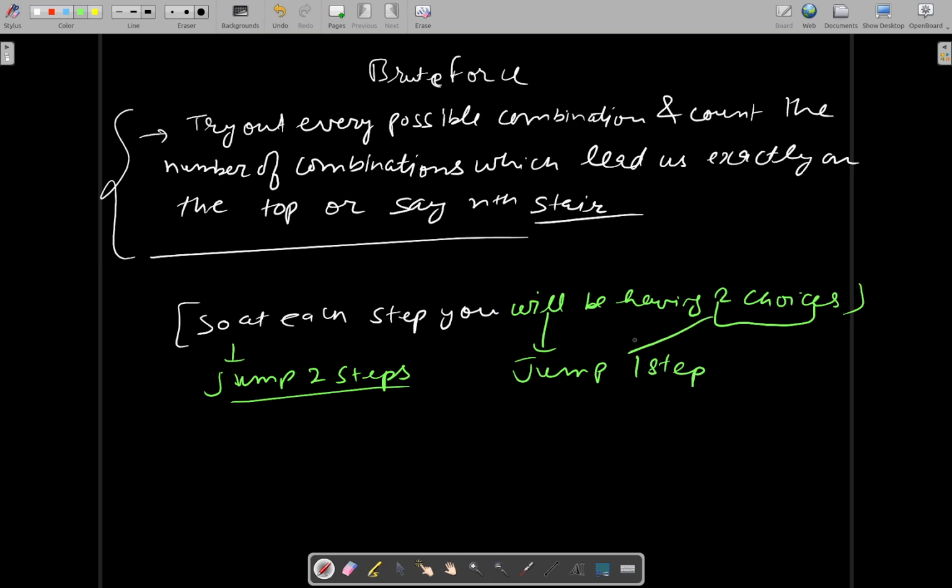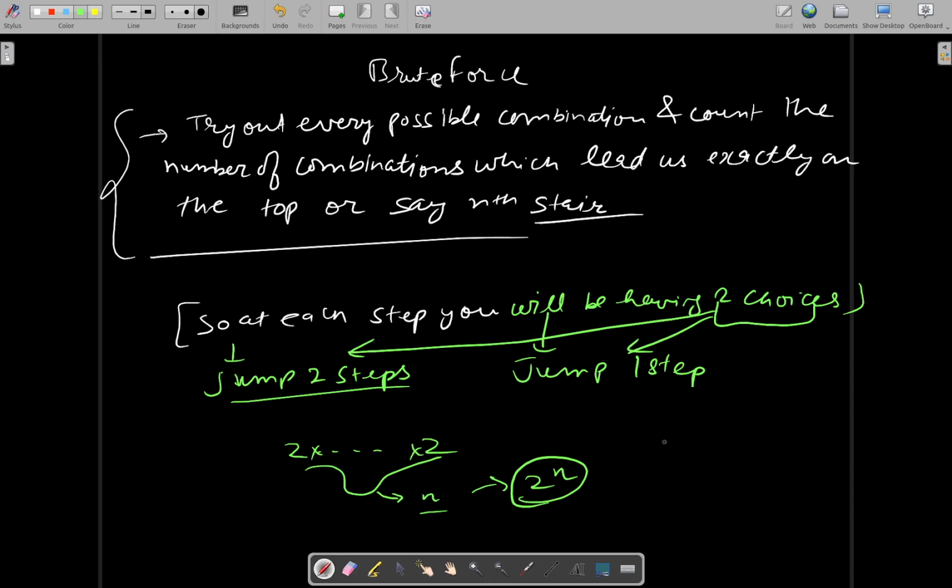Okay, so these are the two choices you have, and in total there are n steps. So it will be something like this: 2 raised to power n.